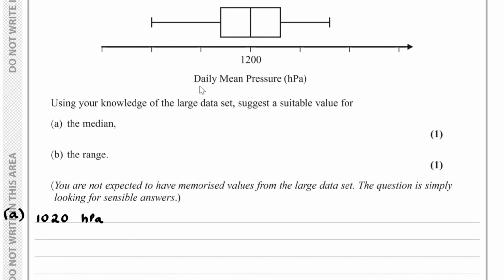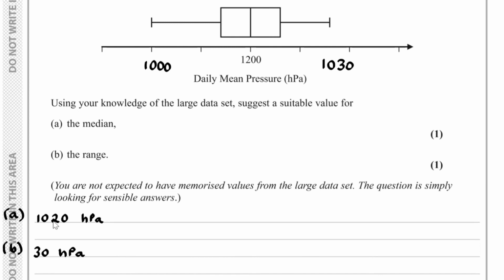I'm expecting the values to range from somewhere between something like 1000 to 1030. So a suitable range for part B will be 30 hPa.